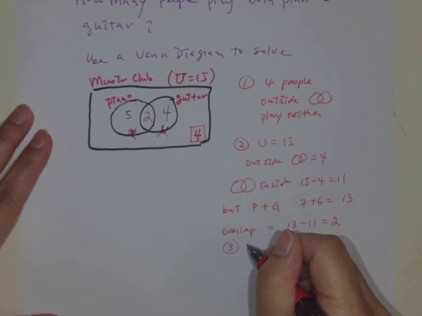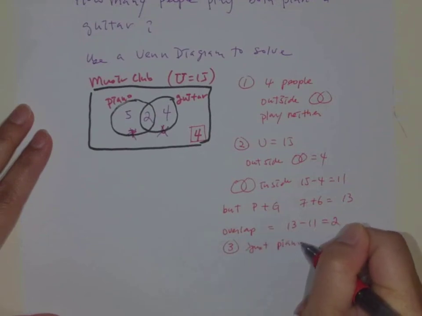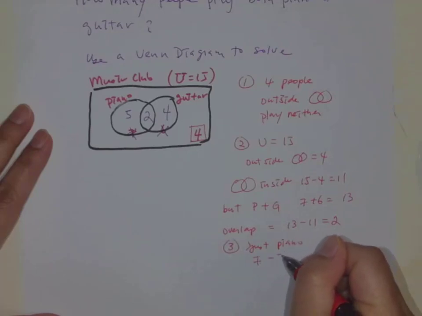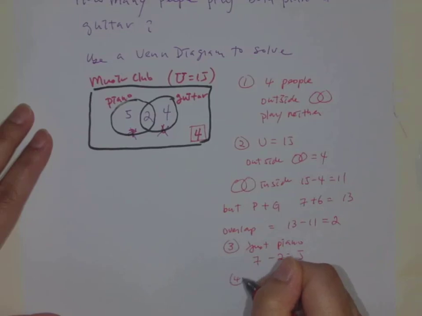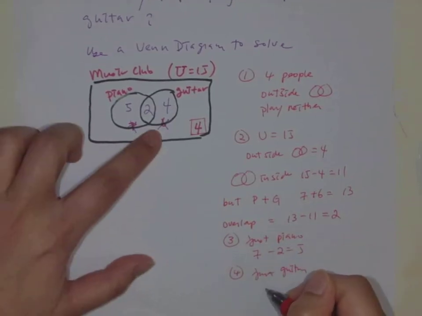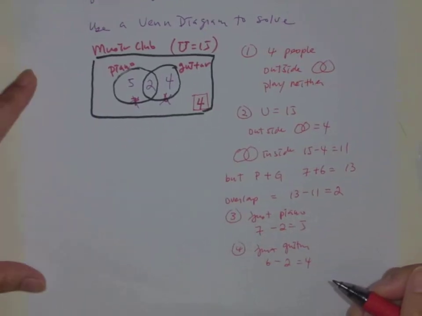So just piano, but not play both, is going to be 7 minus 2 equal to 5. And then just guitar is going to be my 6 minus 2 equal to 4. So those are the numbers how we come up with.